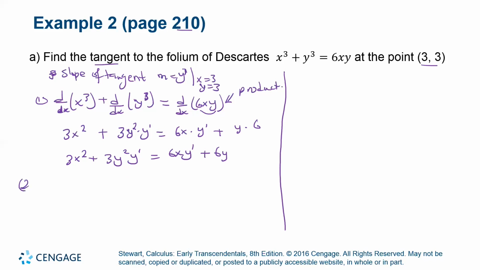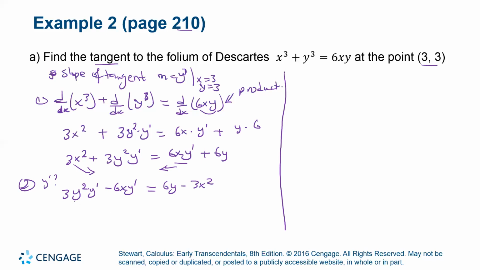Then we solve for y prime. Step 2, solve for y prime. So we move this to the left and take this to the right. That gives us 3y squared y prime minus 6x y prime is equal to 6y minus 3x squared.